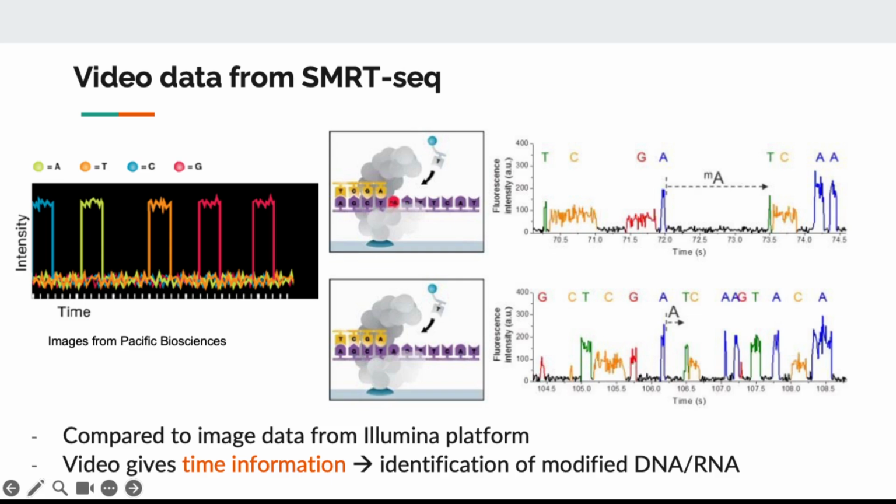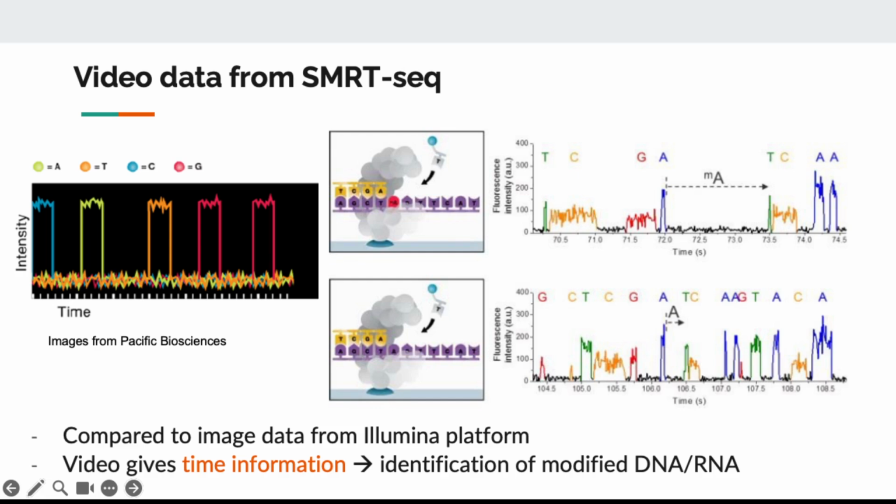Okay. And when I tell you that this is real time, for SMRT sequencing, it's not imaging each cycle, one image per cycle. They are taking a video of the reaction. So you will see signal over time. If there is an incorporation of a nucleotide, you will get fluorescent signal from that color over time until the reaction is done.